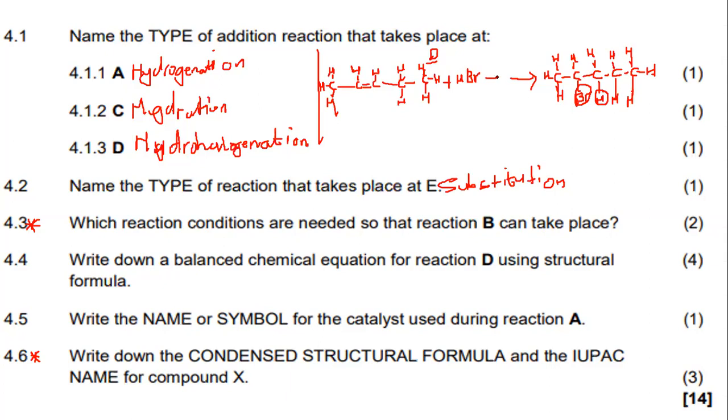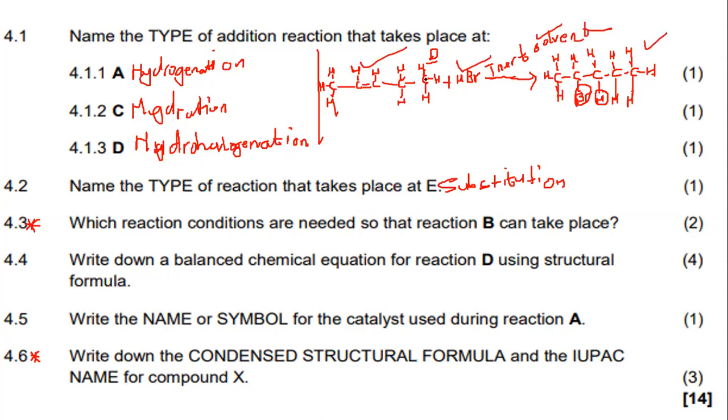Then if it was HBr, then I know it is addition, and the type of addition for D we said it's hydrohalogenation. In other words, I also need to show my inert solvent as the reaction condition altogether, right? And that is how you're going to get your full marks, 4 marks.